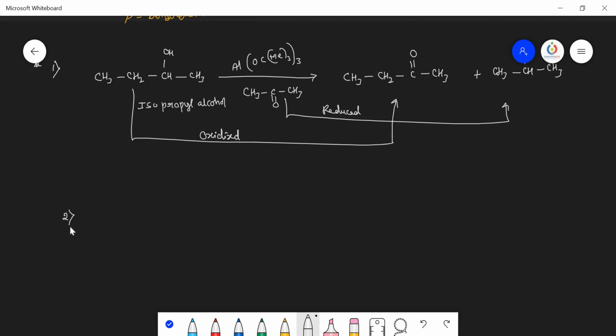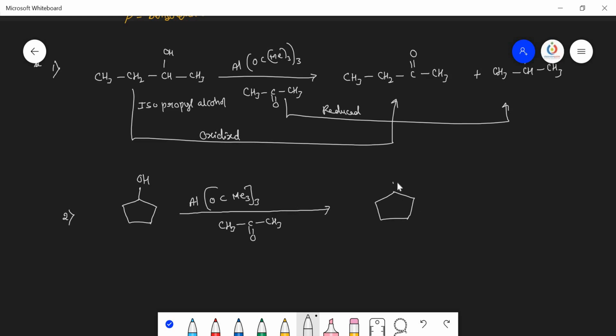Now let us take the second example. Very beautiful examples are there, and I will give the MnO2 also, how it is connected here, what is the resemblance. So I will take this one secondary alcohol, same aluminum tertiary butoxide, C, Me3 taken thrice, acetone, CH3, C double bond O, CH3. Acetone I will take so that this shall be converted to the ketone group.